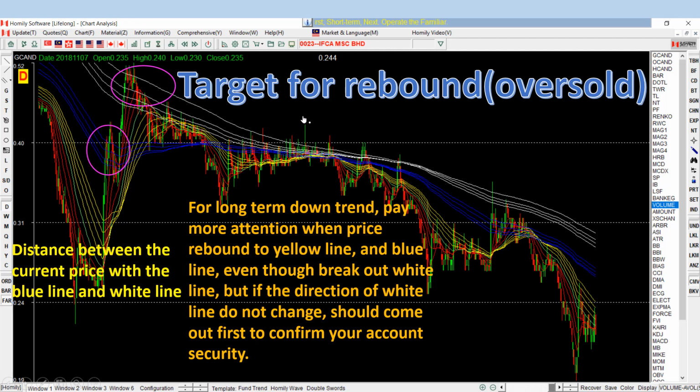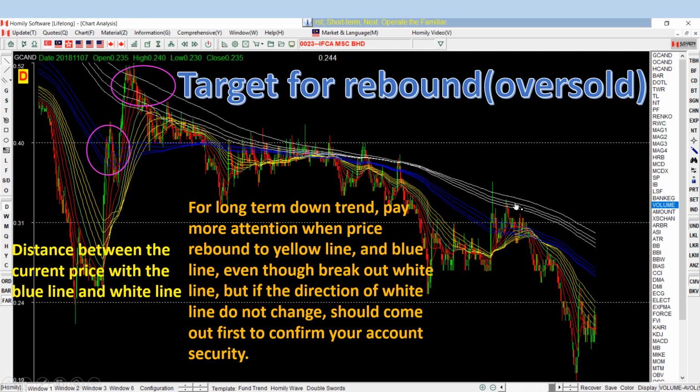So if the price breaks out, sometimes it also breaks out the white line. But if the direction of the white line has not yet changed, you should understand it's still the downtrend, so you need to consider selling first. So the point is the direction of the white line.